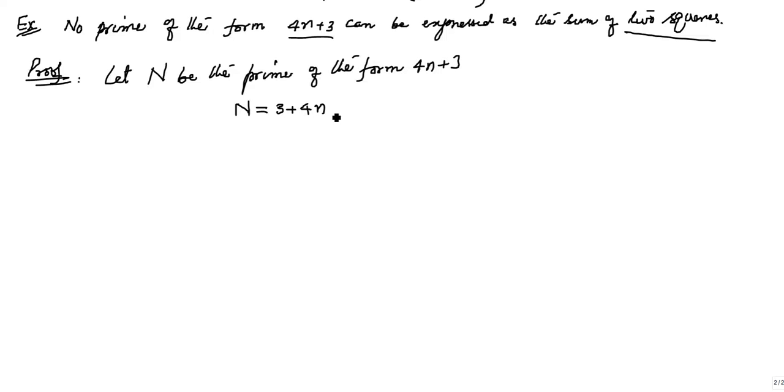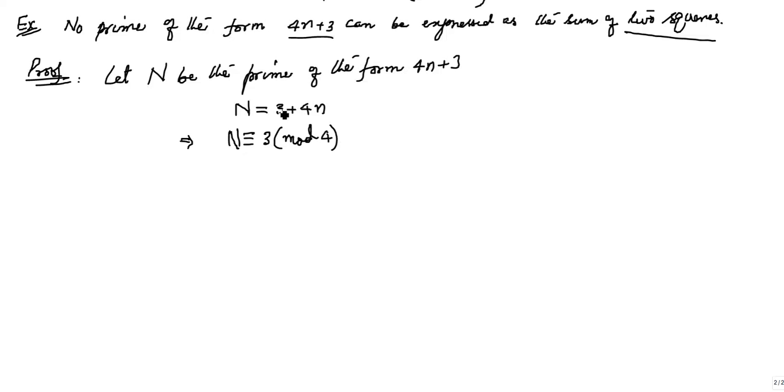By using the congruence, we can convert this. For example, this is a, this is b, and 4 is m, and this is an integer k. So we can convert this into a congruence: n is congruent to 3 modulo 4.